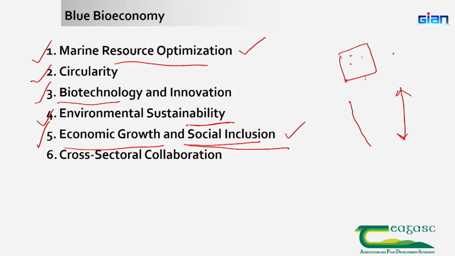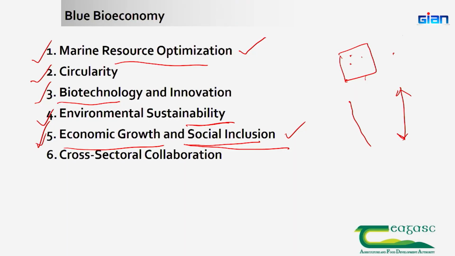You include them in the loop, because they are responsible for harvesting. At the same time, they are also responsible for clearing of the coastal area, licensing and other things. So it's very important to consider economic as well as social inclusivity. That means the economic benefit of those actions should go to the primary producer as well.